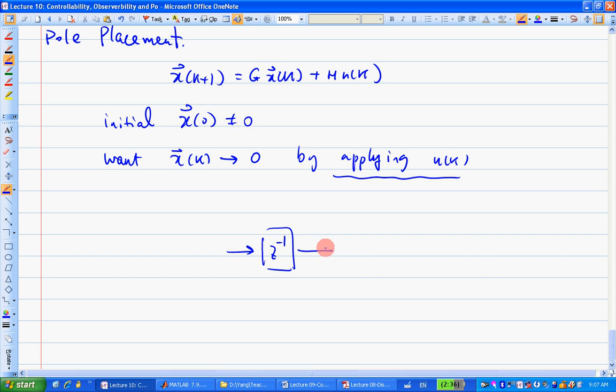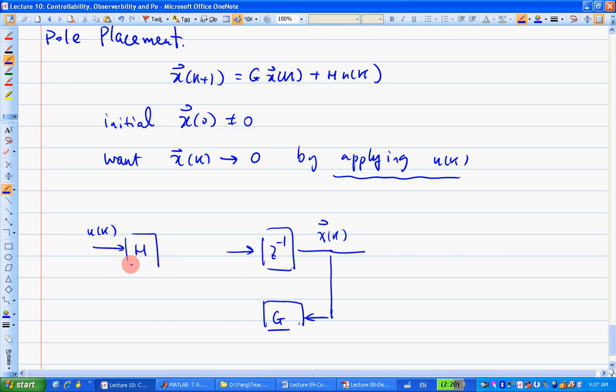Let's say this is your x of k here. Then I use this G to multiply with this x of k. And what will be this plus sign here? Plus what? This H times u of k. So maybe the input u of k is over here.